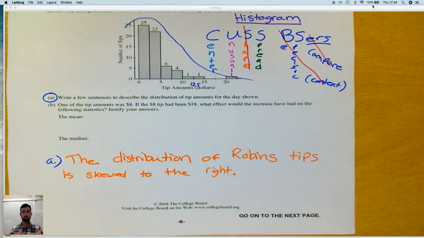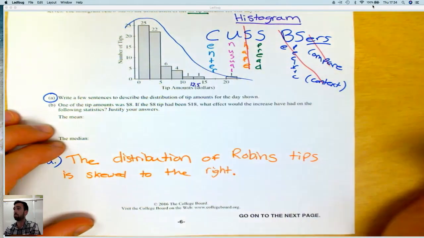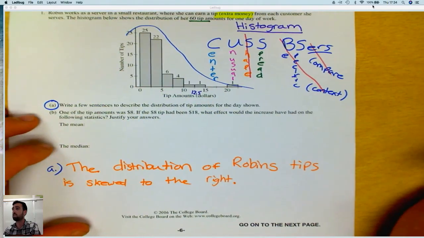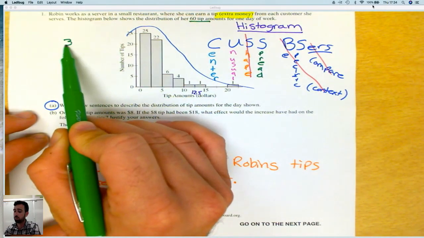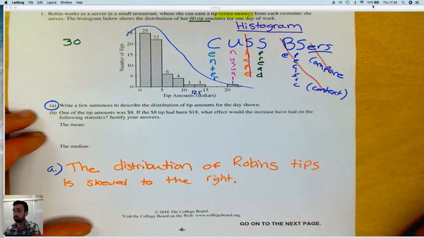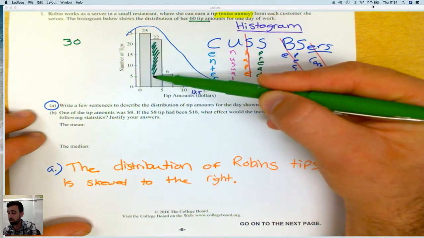So it depends on which one you want to talk about first. I'm going to go ahead and talk about the median because it seems to be a little bit easier because I know she had 60 tips. So if she has 60 tips, the middle one is going to be 30. So I know it's going to come somewhere in here.